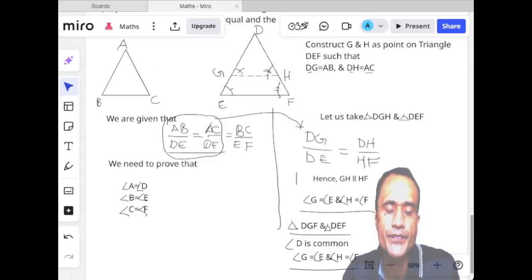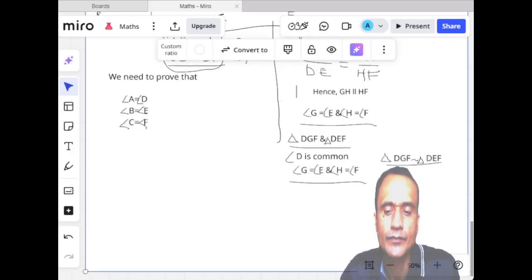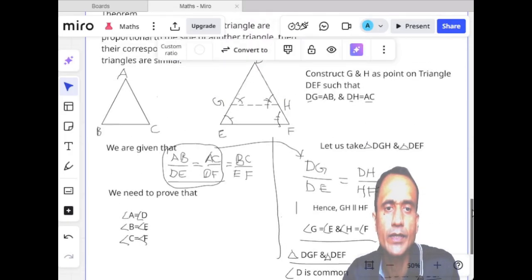Hence, these two triangles DGH and DEF are similar.